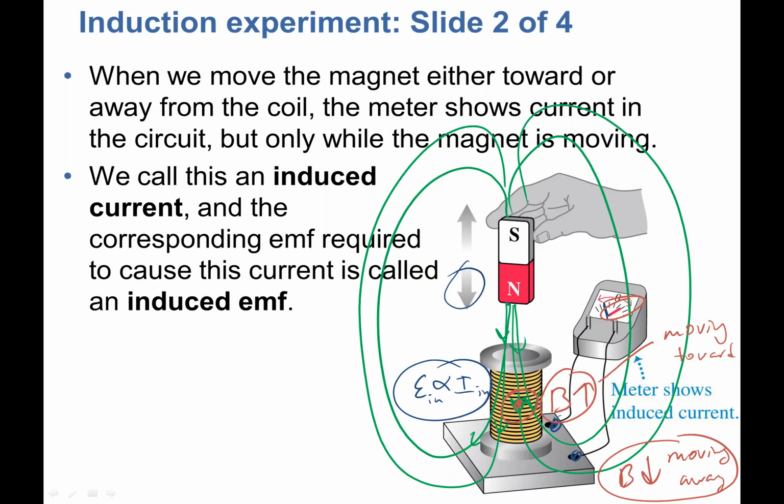That means the current generated in the coil and recorded by the galvanometer is simply because the magnetic field inside the coil changes its magnitude. That means it's increasing or decreasing. That means you're changing the magnetic field through the coil. It generates current. Okay. All right.